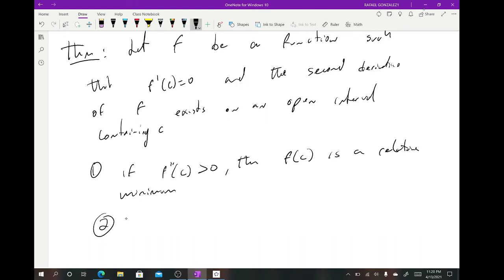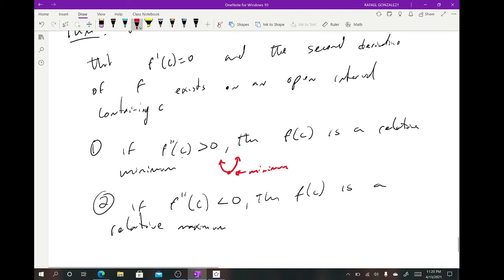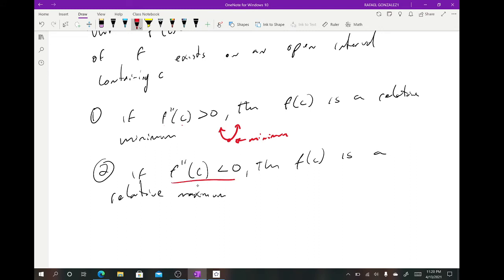This goes back to what I was saying: when the second derivative is positive, we have concave up like this, and we have a minimum right here. And if f double prime of c is negative, then f of c is a relative maximum. Again, from the test of inflection, when the second derivative is negative, we have concave down, but up here we have a maximum.